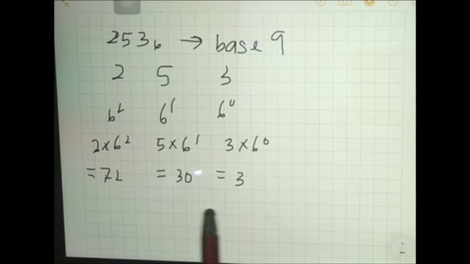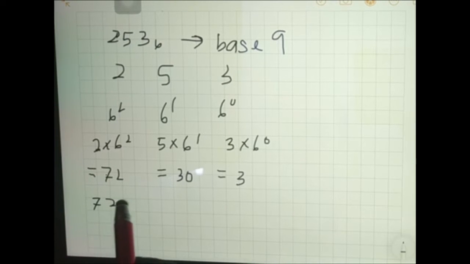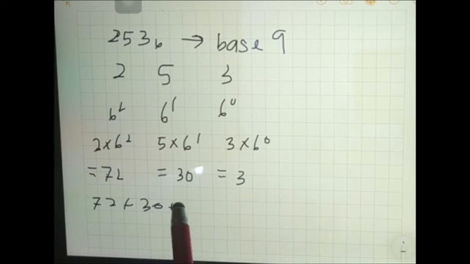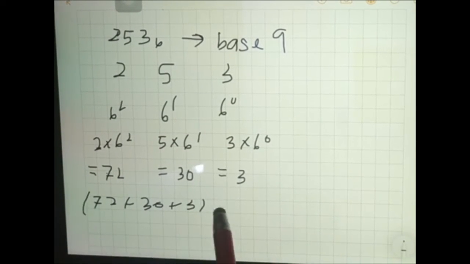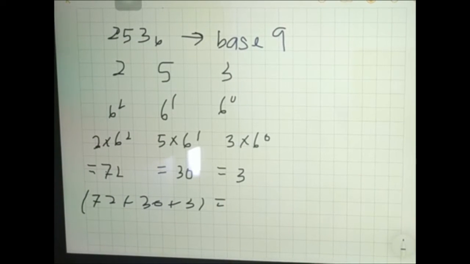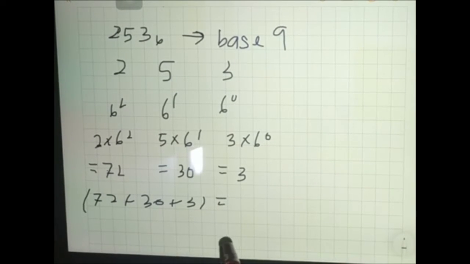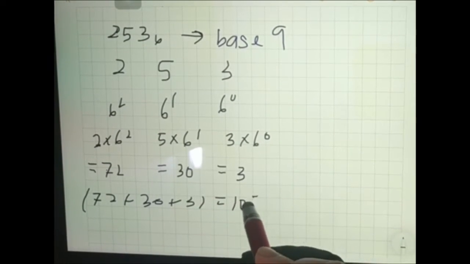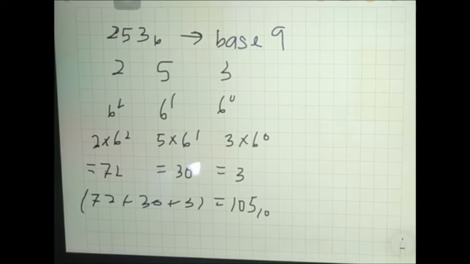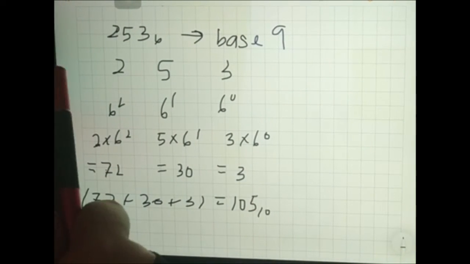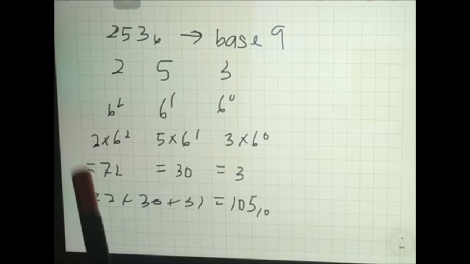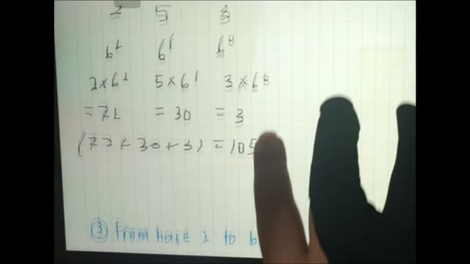So the numerical value for each is 72 plus 30 plus 3, which is equivalent to 105 base 10. Okay, indicate what you're doing here. I don't have space, but you can do it.